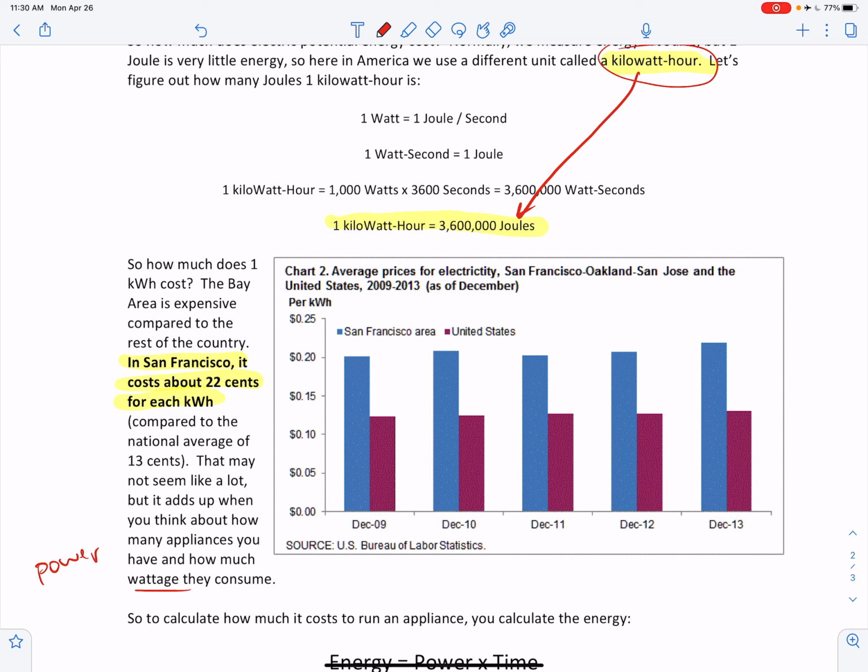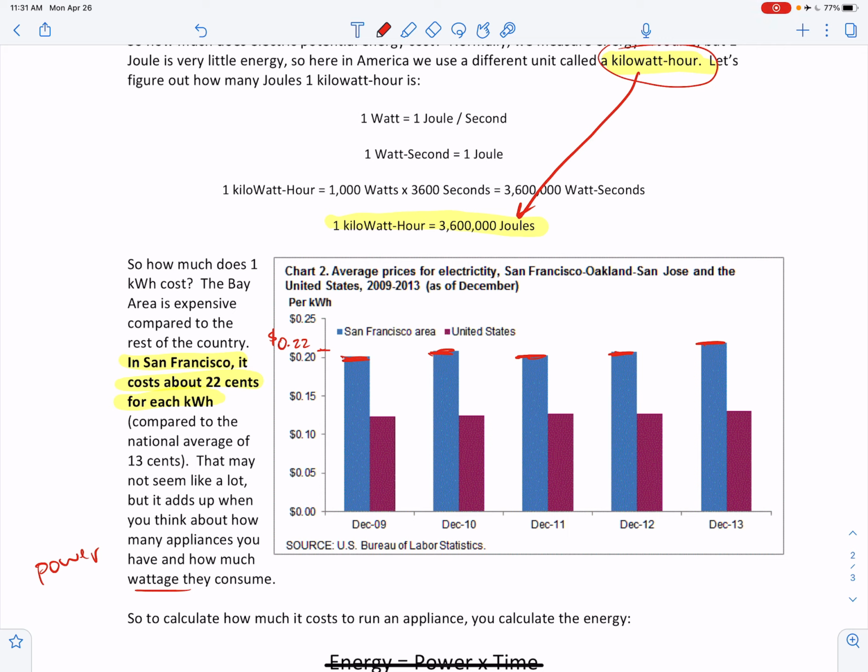If you draw the level of these blue line graphs in San Francisco, the average is around here, which is 0.22 or 22 cents per kilowatt hour for San Francisco, at least from 2009 to 2013. And that was from the Bureau of Labor Statistics.